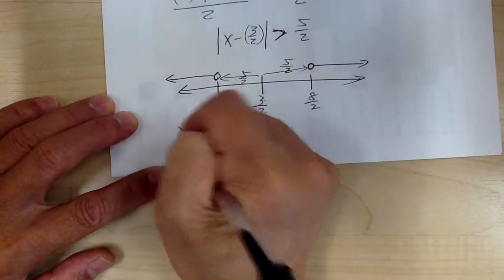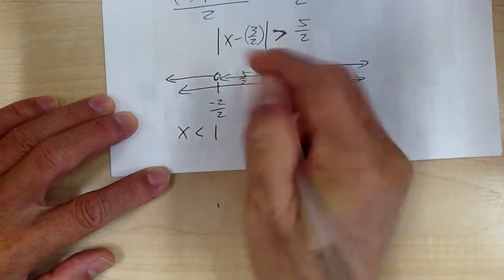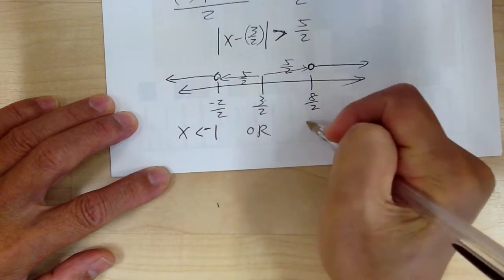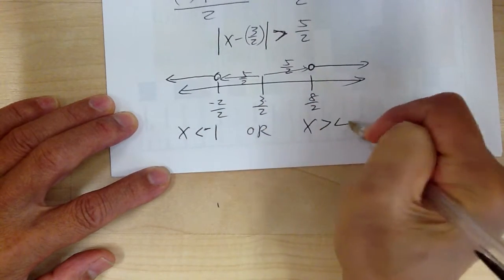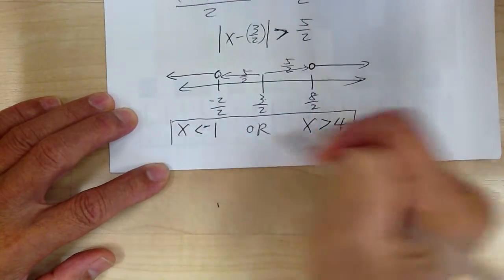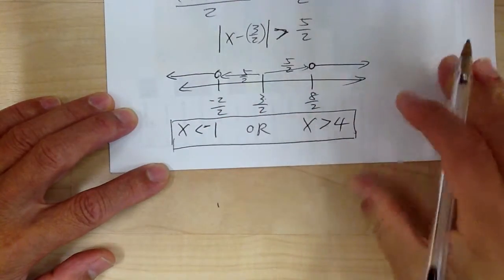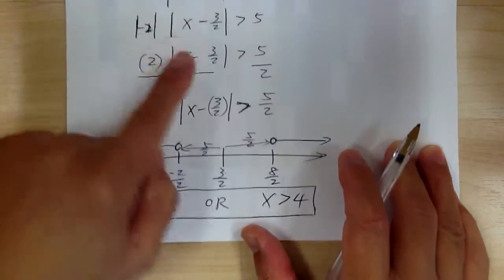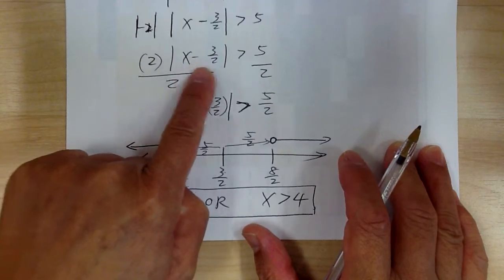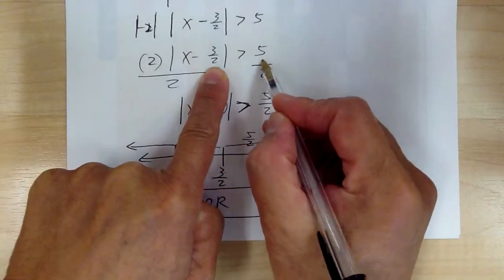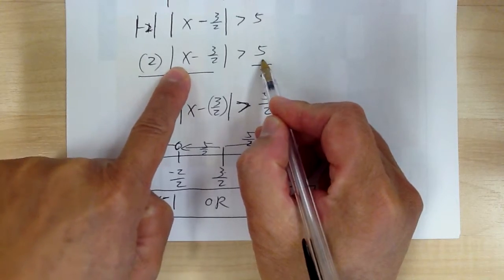You get x is less than -1, or x is greater than 4, because 8 over 2 is 4, and that is your answer. So the key is to get the absolute value into the correct format, and know that this is your starting point, that's your distance, and that is your endpoint.